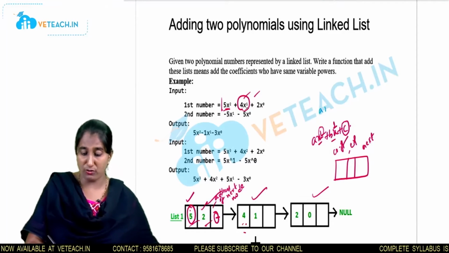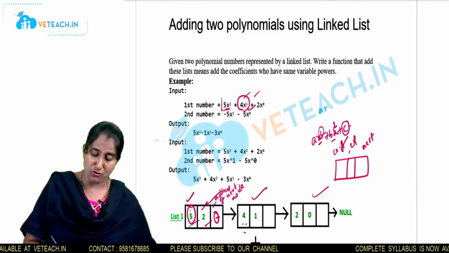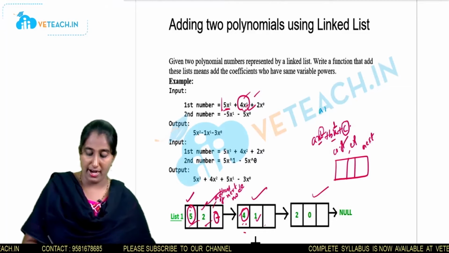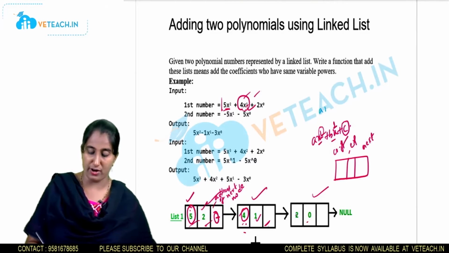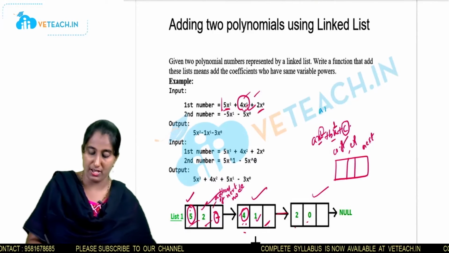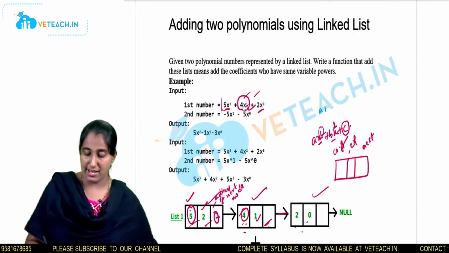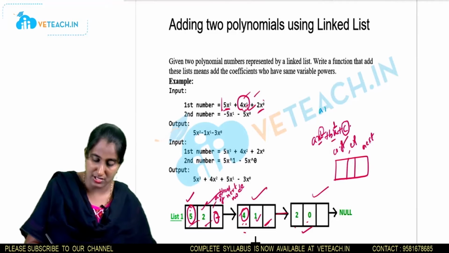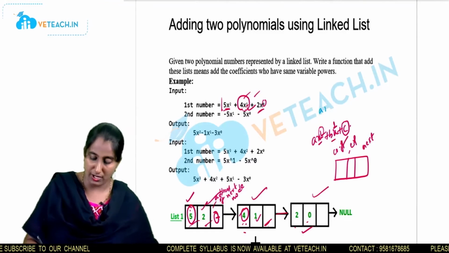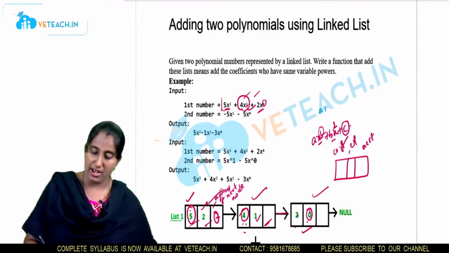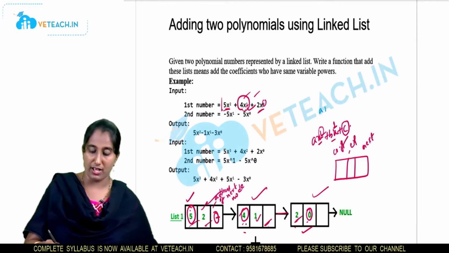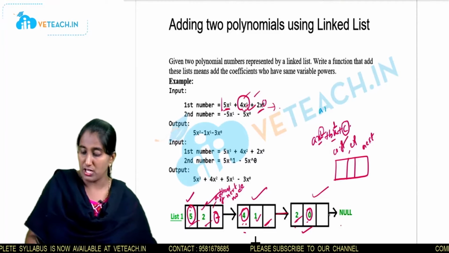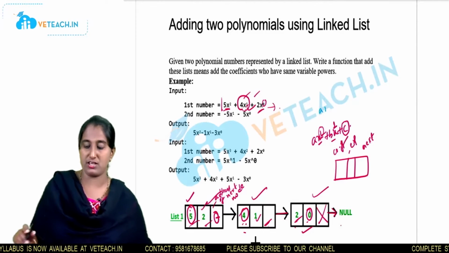Let us see how 4x has been stored: 4 in the coefficient part, exponent 1 in the exponent part, and the next node address points to 2. For 2, the power of x is 0, so the exponent part is 0 and the coefficient is 2. This is how we represent it. After 2, is any more node there? No node, so it should represent null.